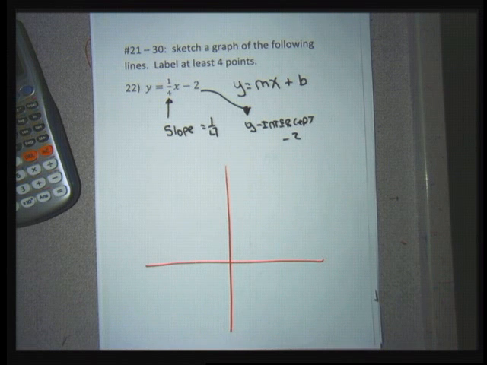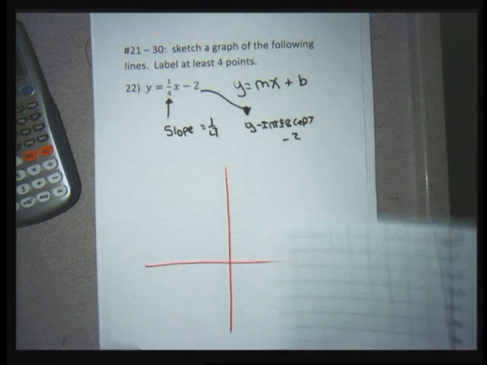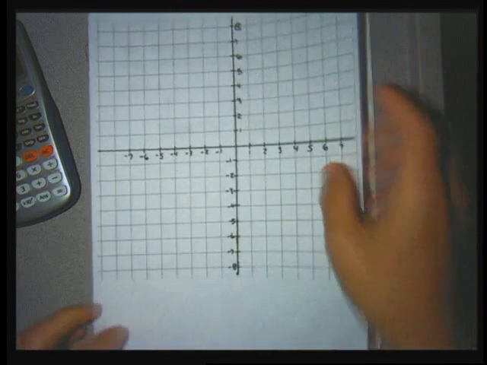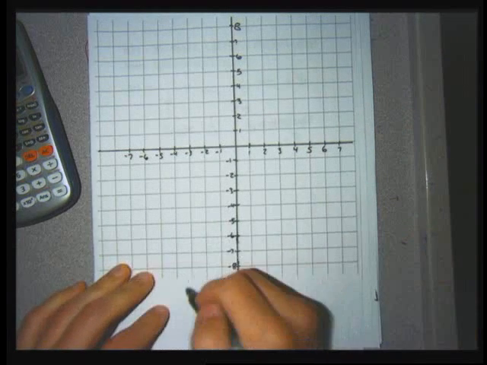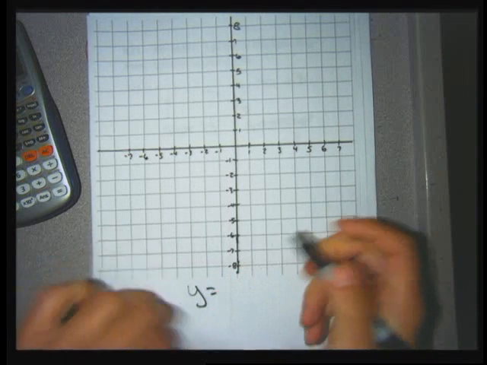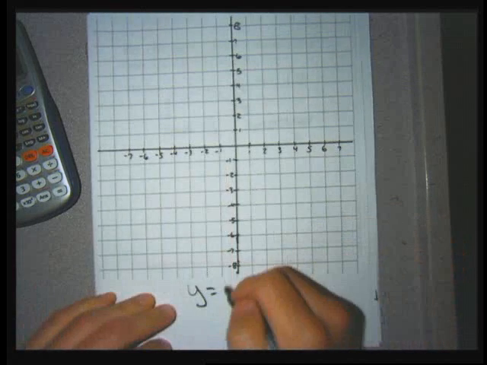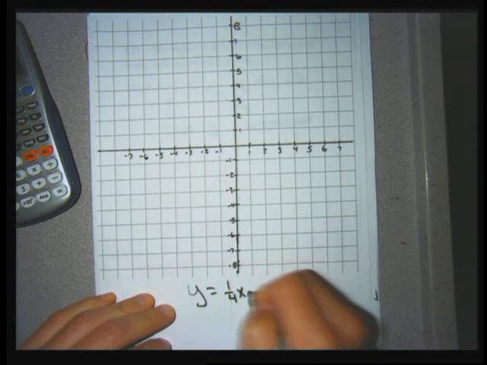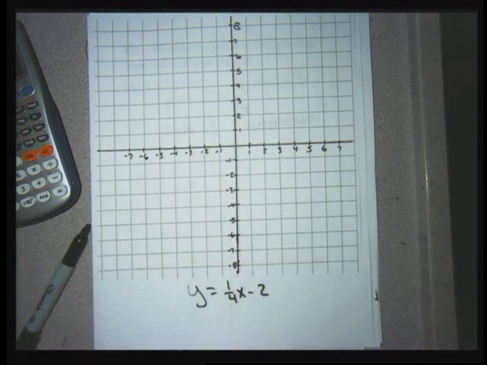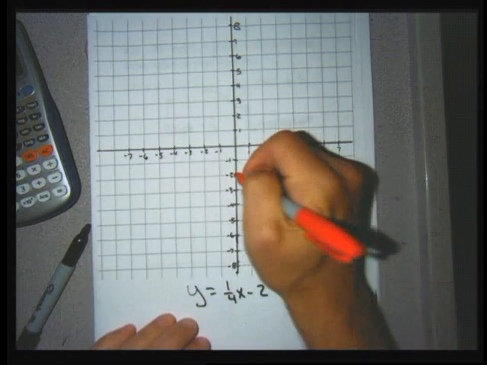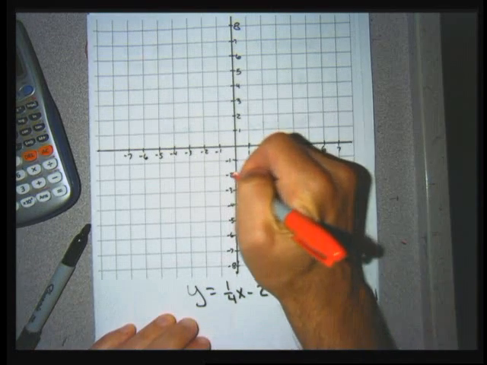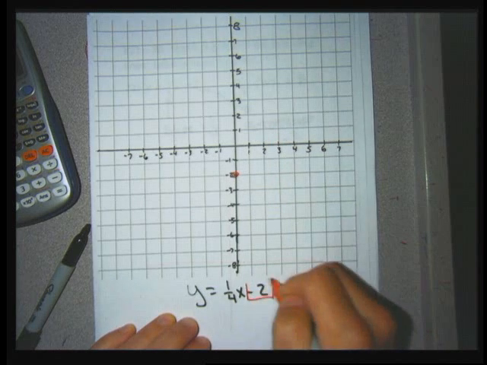Sorry for that horrible delay, but I can do a way better graph with graph paper. And hopefully this graph paper will be suitable. So I'm going to graph this line, which was y equals 1/4 x minus 2, by first plotting the y-intercept. So I'm going to plot -2, which is the y-intercept, on the y-axis.